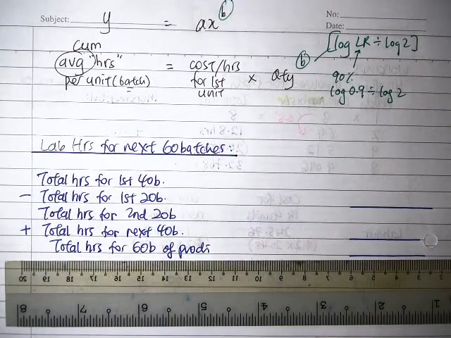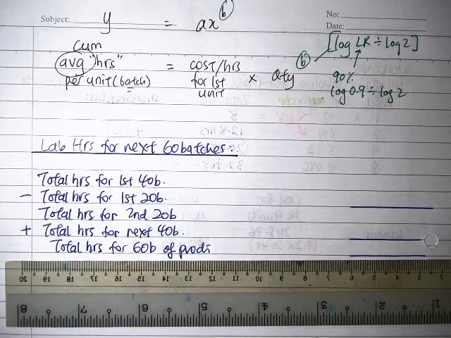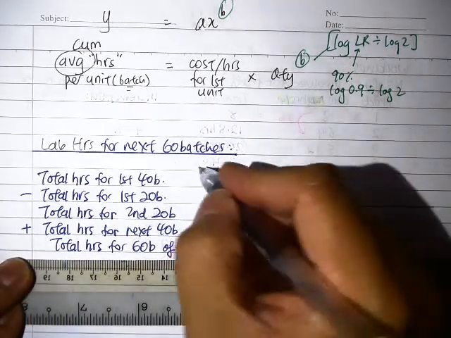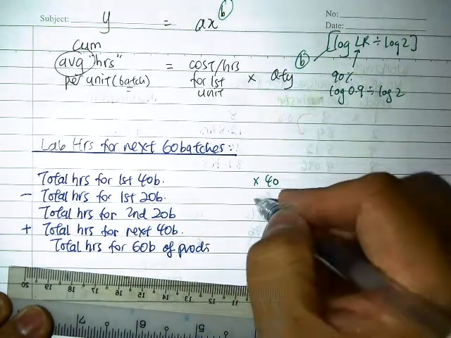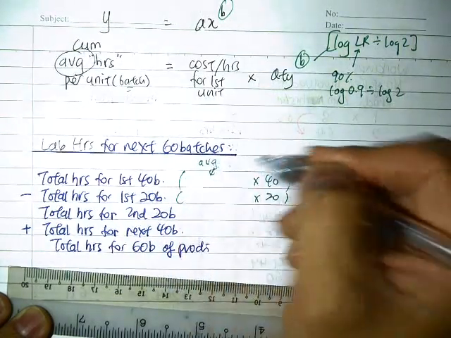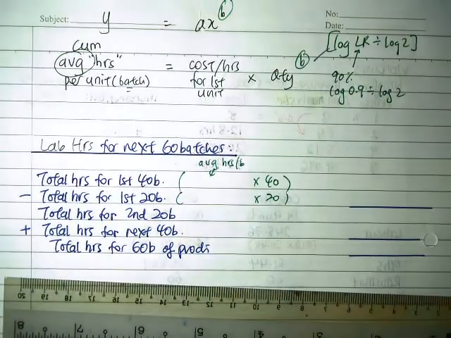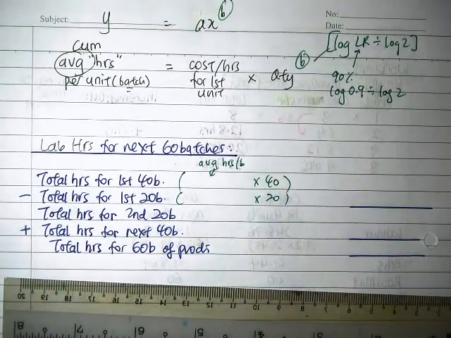Alright, so what's your total hours for the 40 batches and the 20 batches that we have here? Now you just have to find y multiplied by 40 and by 20, because here we are looking at the average hours per batch. So the formula you're going to use is y equals a x to the power of b.